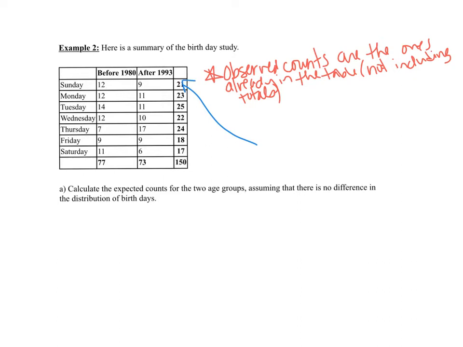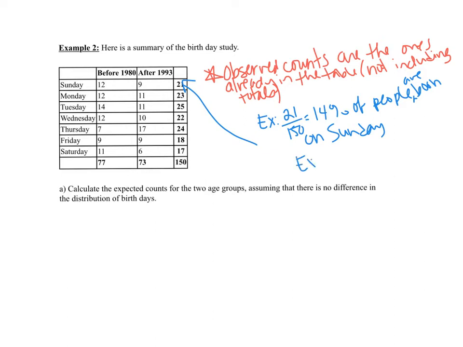for example, for Sunday. And we know that 21 out of 150, which is 14% of people are born on Sunday. So what we expect is that we would expect 14% of each group to be born on Sunday.